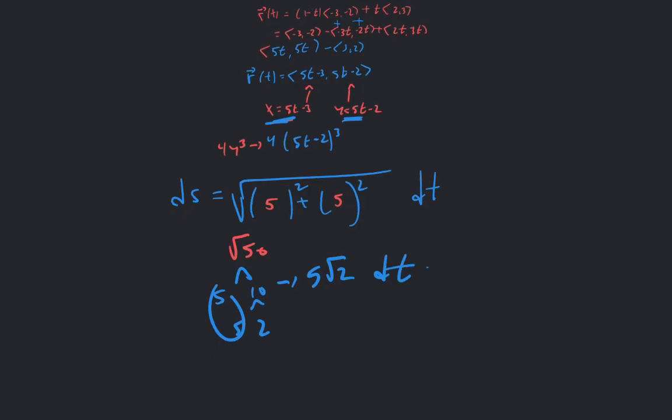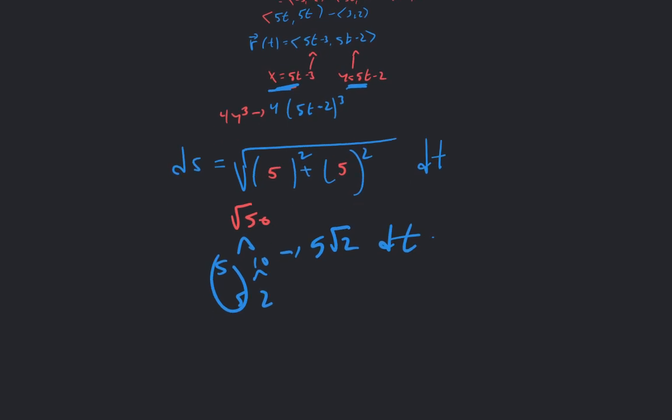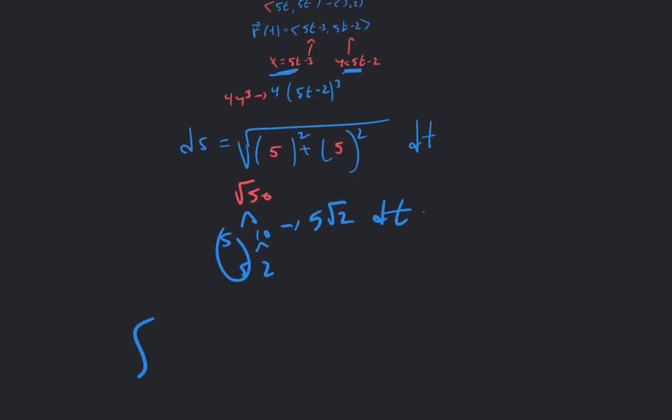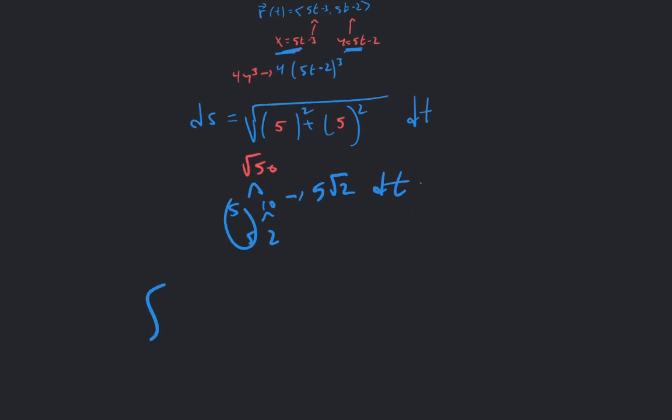So now our integral is going to be the integral from negative 2 to 3, I'm sorry, I did that wrong, that was a section of my notes. Because t runs from 0 to 1, we're integrating from 0 to 1, and then it's going to be 4 times 5t minus 2 cubed dt.